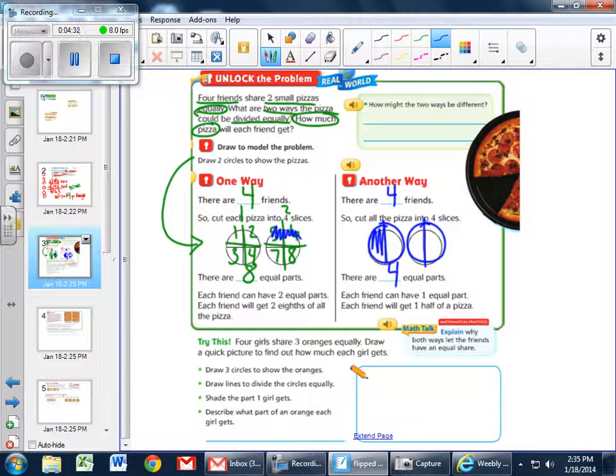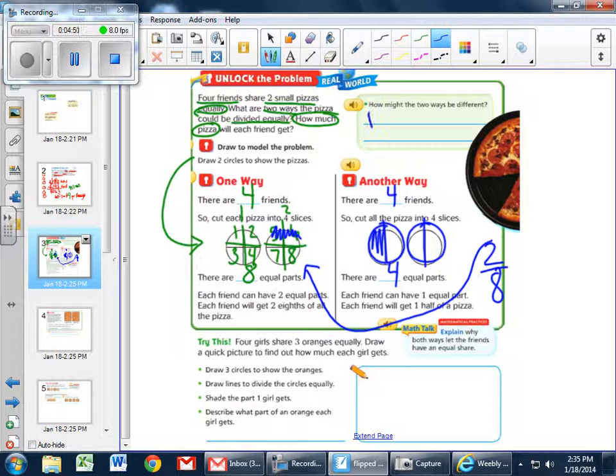So how might the 2 ways be different? They're both going to get 2/8 for this one over here. They can get 2 of the 8 pieces. And here they're going to get 1 piece.